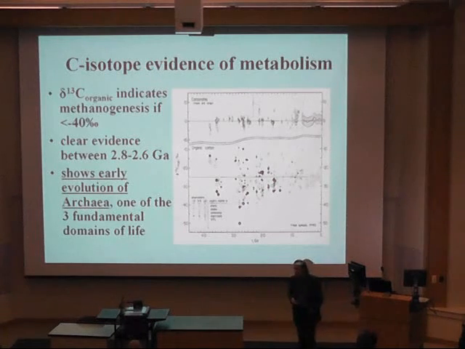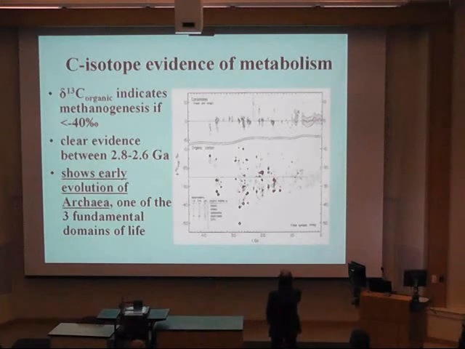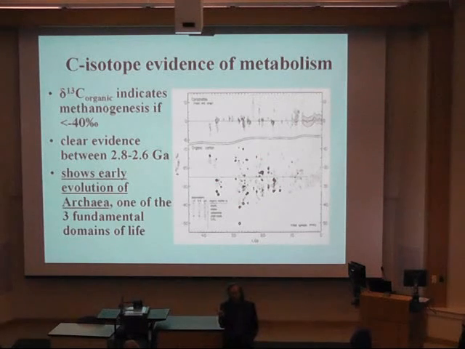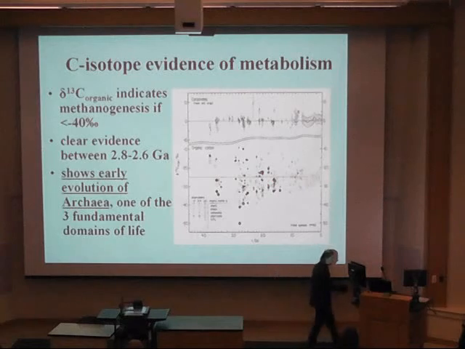This shows that methanogenic archaea, bugs that make their living by taking dead organic matter and converting it into carbon dioxide and methane, were alive at 2.8, 2.7 billion years ago. So this shows us not only that we have a particular metabolism operating, but that we've got one particular group of microbial organisms, the archaea, performing it.